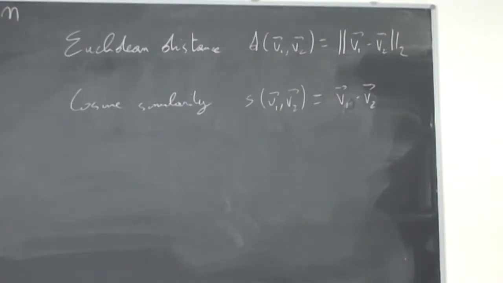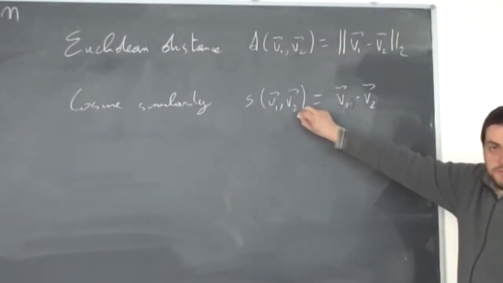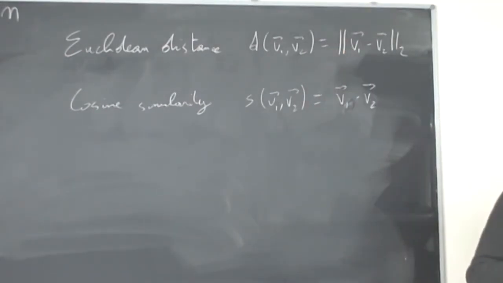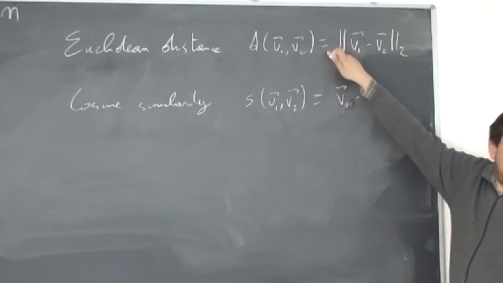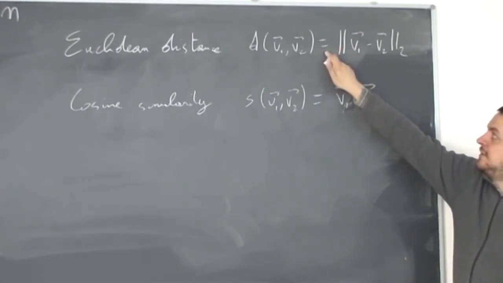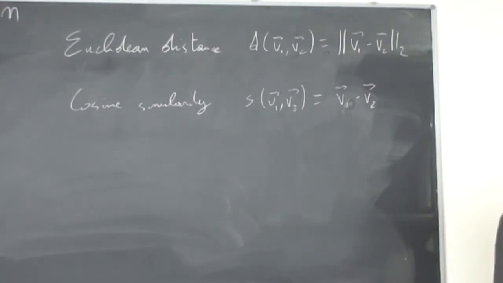Okay. Of course, this is a distance, this is similarity. They have opposite meanings. Here, in the top case, 0 means that the two elements are as similar as possible. They are equal.